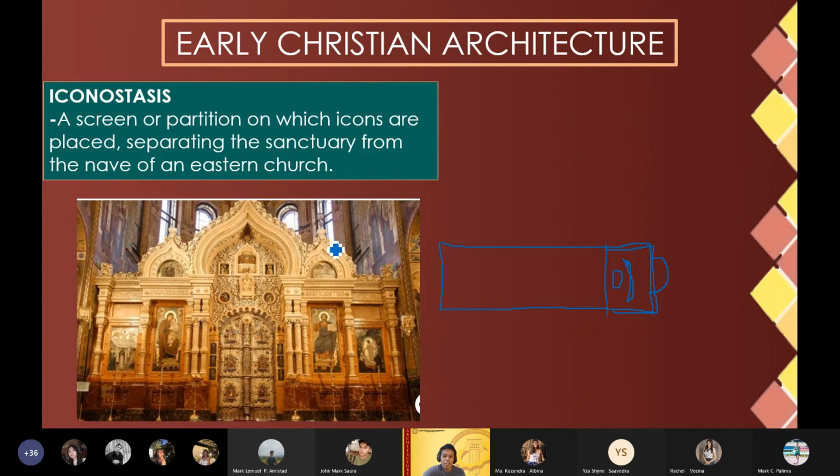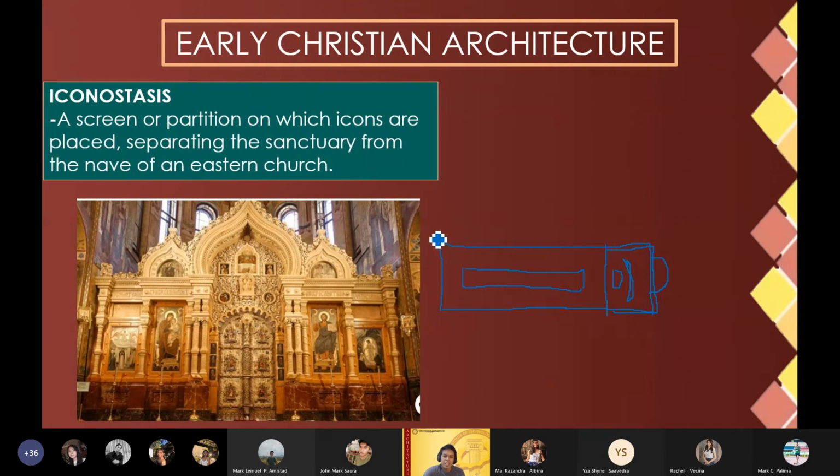The nave is the central part of the church. So the iconostasis separates the rear portion of the sanctuary from the nave. Instead of the apse, ang imong makita is the iconostasis.